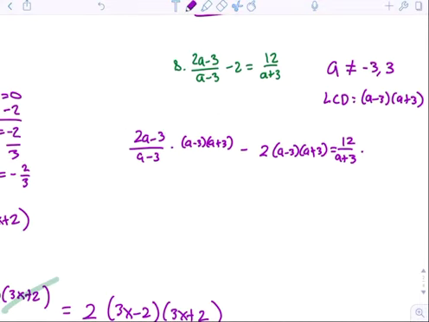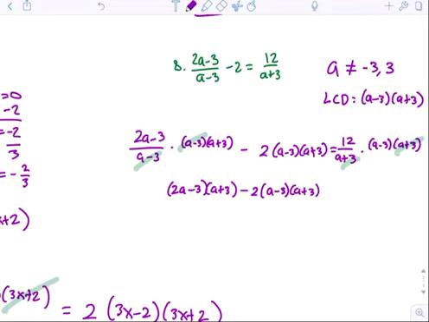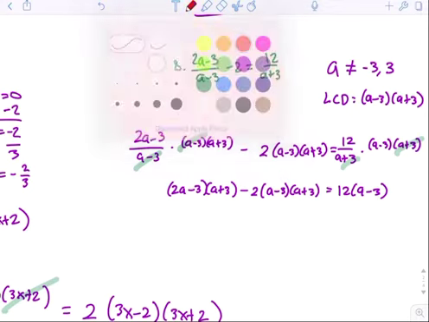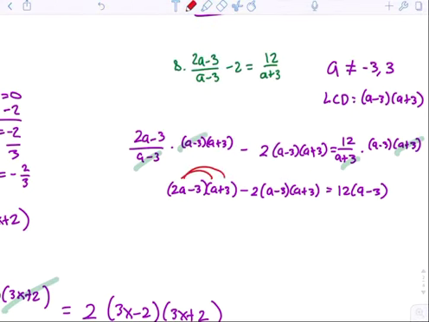And we're multiplying that by a minus 3 and a plus 3. Now let's cancel. The a minus 3's cancel, the a plus 3's cancel, so all we're left with is 2a minus 3 times a plus 3 minus 2 equals 12 times a minus 3. Alright, so multiply these out.